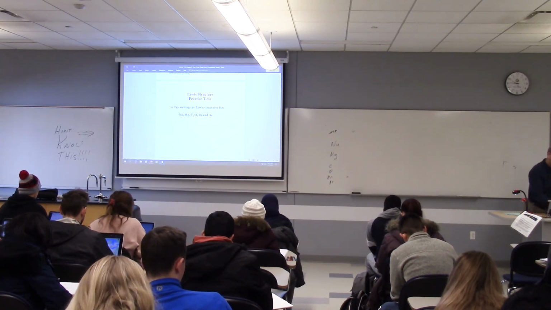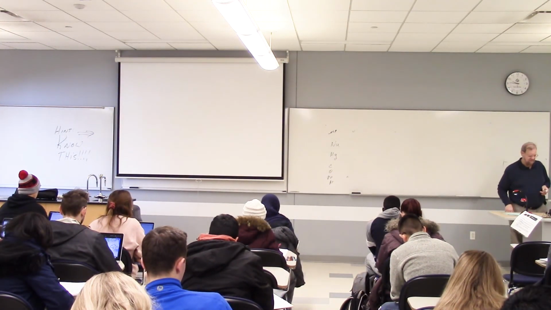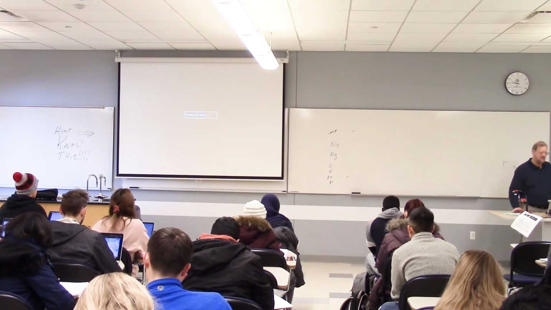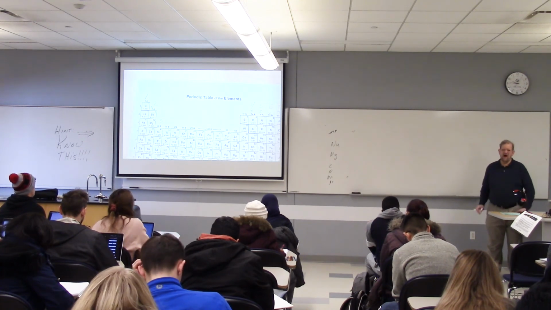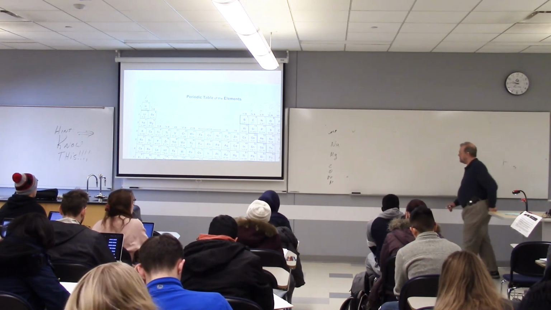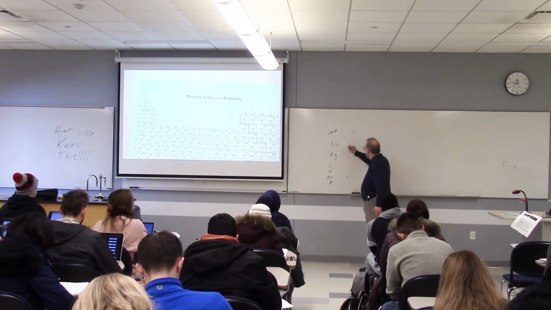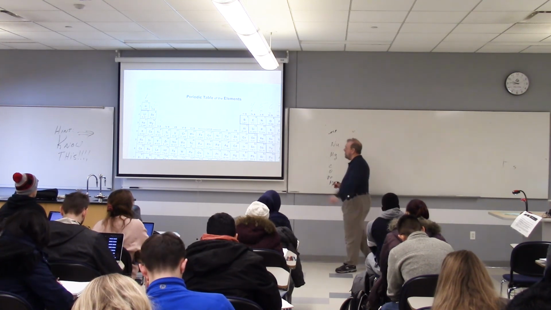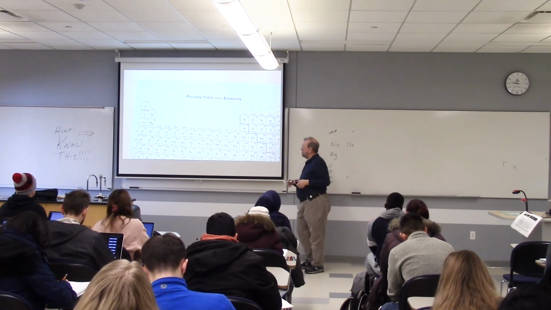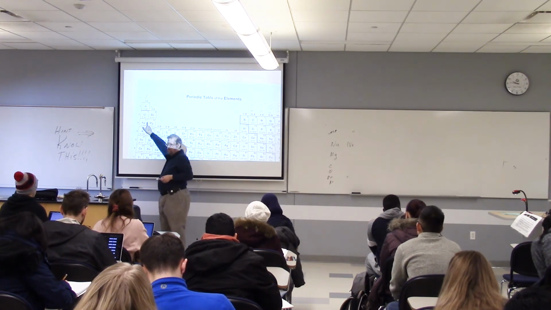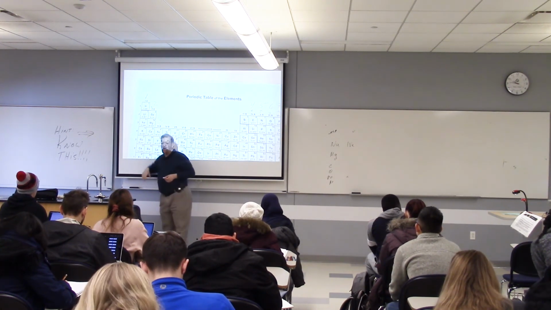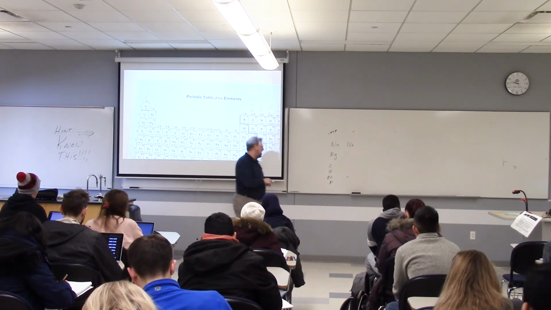So, let's look at how you do a Lewis structure. First of all, you need a periodic table. We look at the first one, sodium. How many valence electrons are in sodium? 1 valence electron. How do you know? You look at the top of the column sodium is in. Not this number, it tells you total electrons. You look at the top for valence electrons, which are outermost.